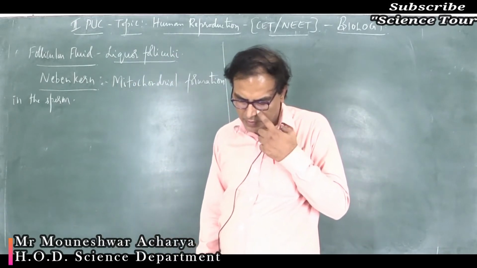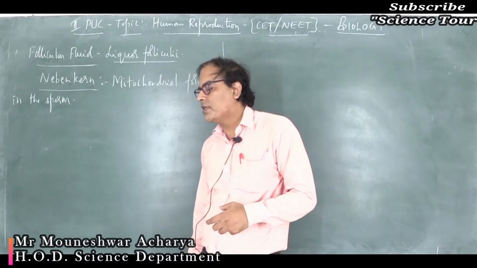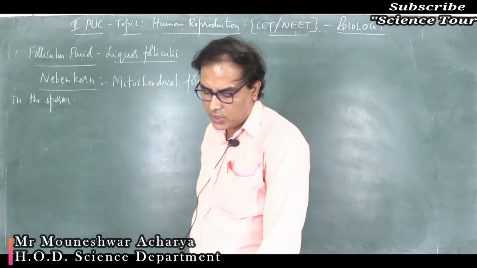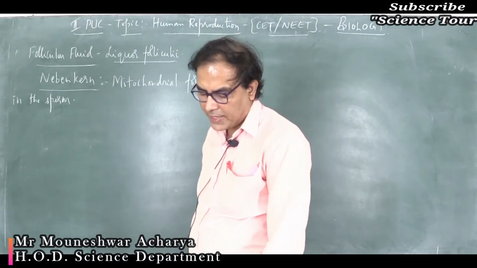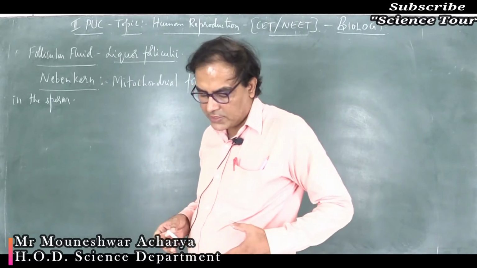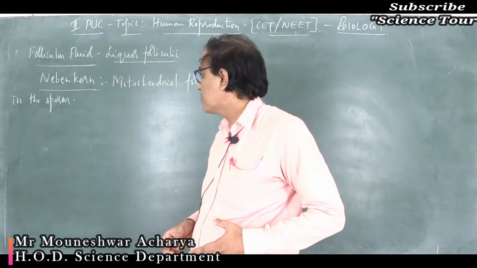Just after the meiosis is completed, meiosis meaning reduction division, the mitochondria of the spermatid collect on one side of the haploid pronucleus.